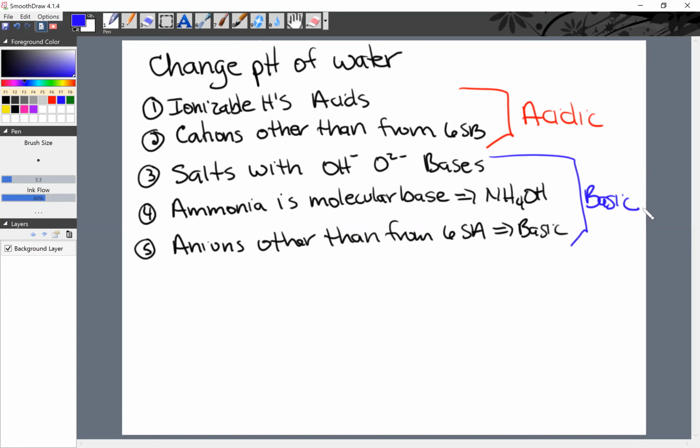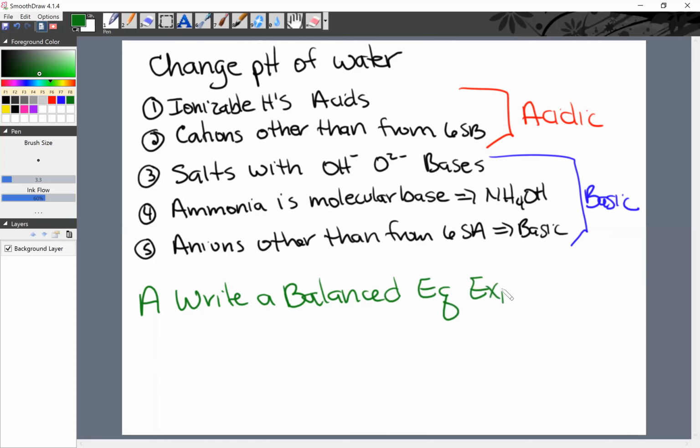Once you've realized what it's going to do, and what do I want to call this? Let's say A. You have to write a balanced equilibrium expression. So in order to do that, you have to have a balanced equation to write that expression.